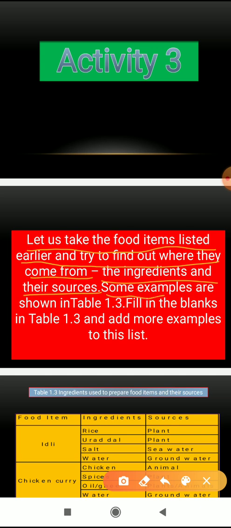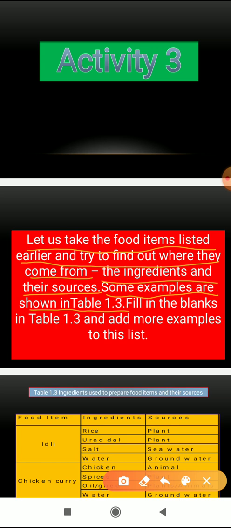Some examples are shown in table 1.3, which is given in your book. In it, 3 examples are given, along with the ingredients needed to prepare these food items.